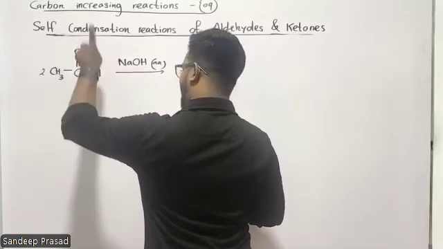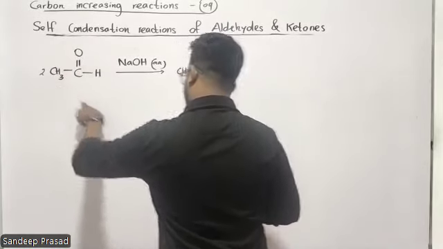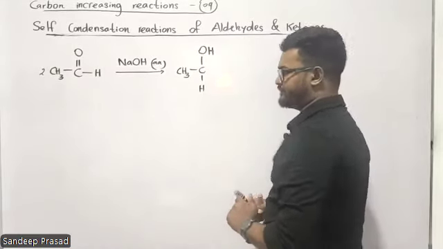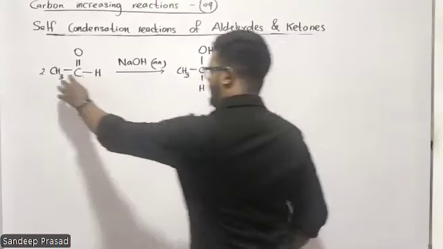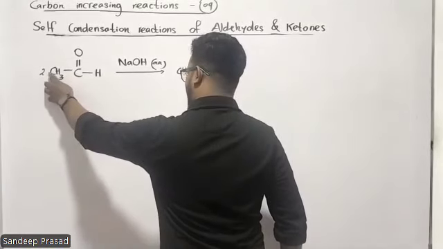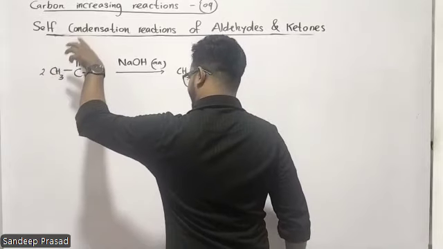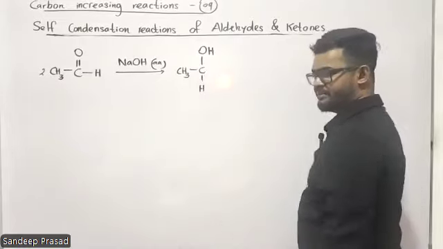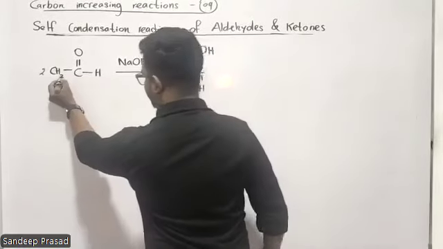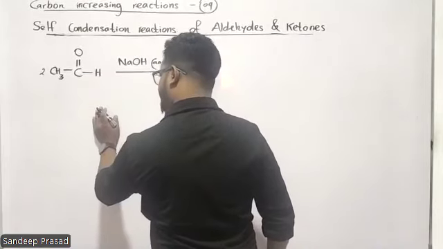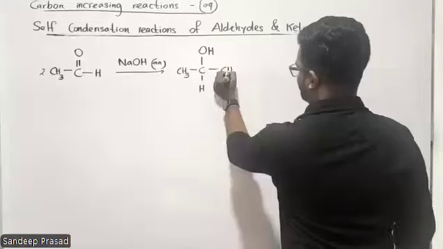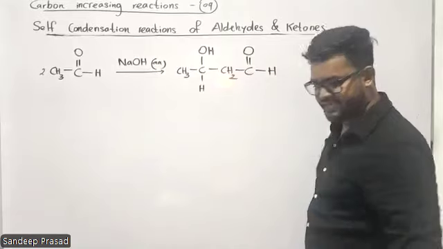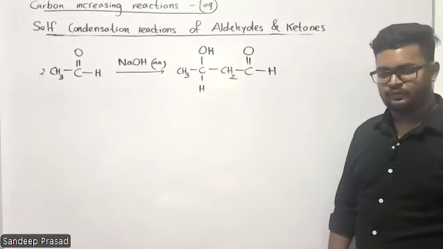Remove one hydrogen from the alpha carbon and connect the alpha carbon to this carbon atom. After removal of hydrogen from this carbon, what we obtain is CH2 and then CH2 C double bond H. This is the easiest method to write down the product.